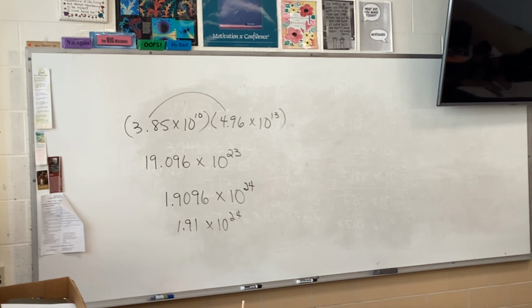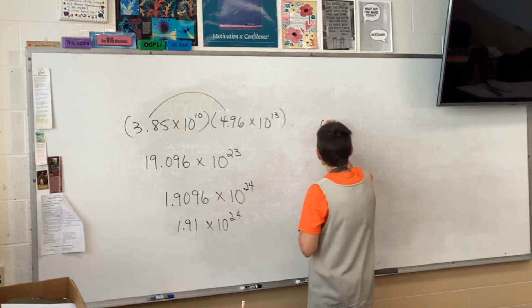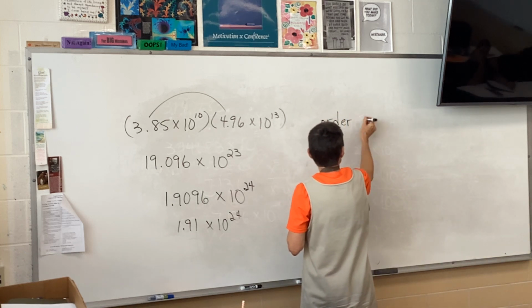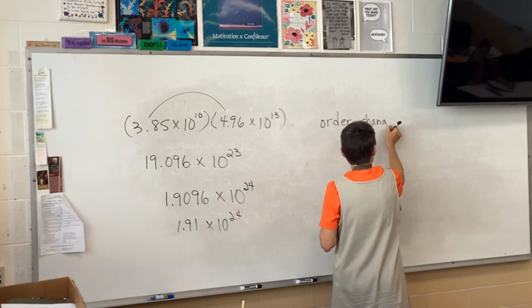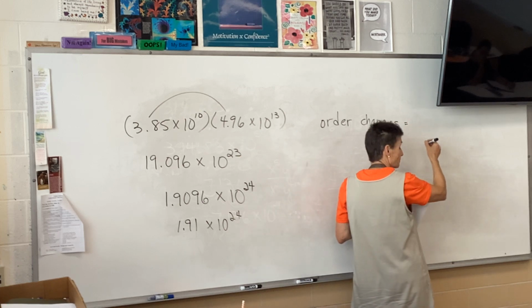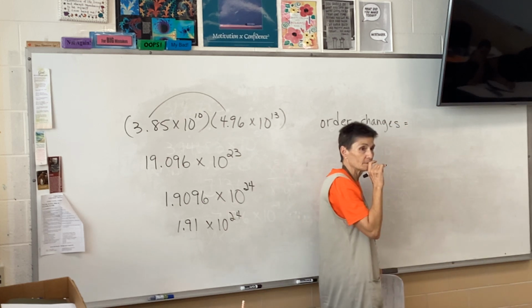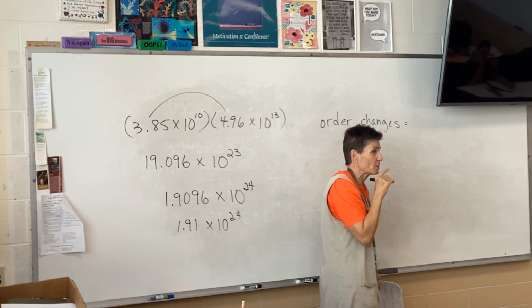All right, now B is a little tricky. Look at it carefully. What changed in going from the left side to the right side? The order of the X and the Y. And when order changes, does anybody know what property that is? Take a wild guess. Name a property you remember.